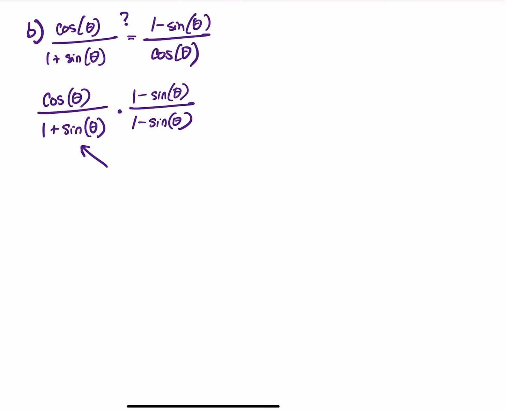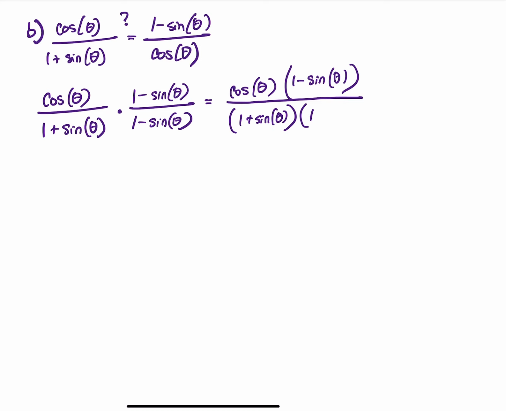We have 1 plus sine of theta, we're going to multiply by 1 minus sine of theta. And let's see what this does. This would give us cosine times 1 minus sine in the numerator. And then in the denominator, we have these two multiplied now: 1 plus the sine of theta times 1 minus the sine of theta.